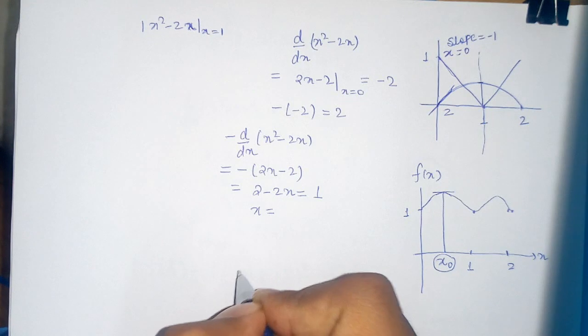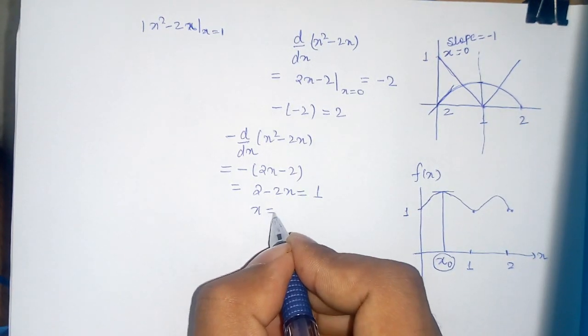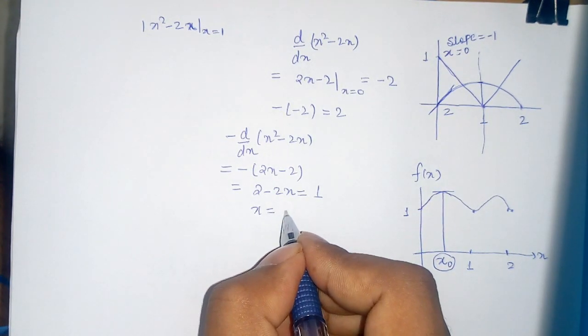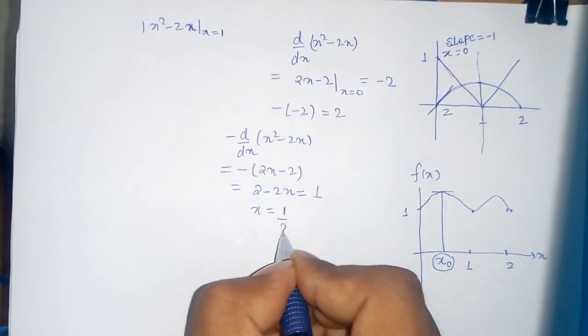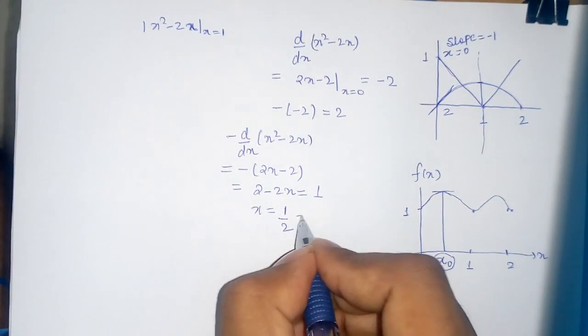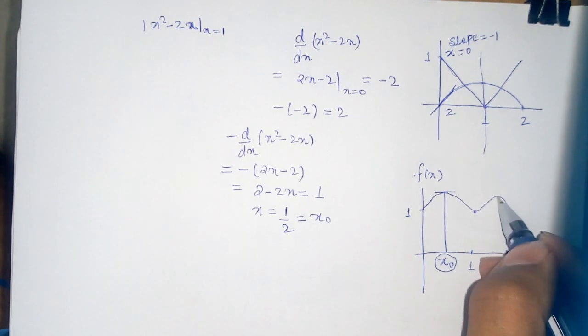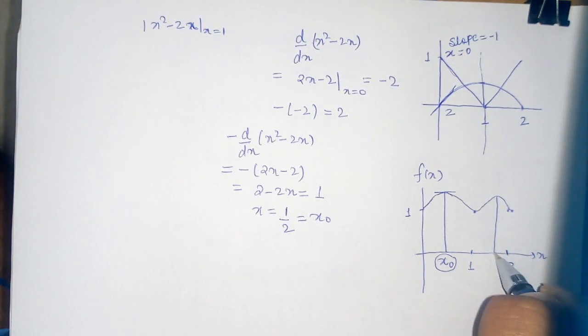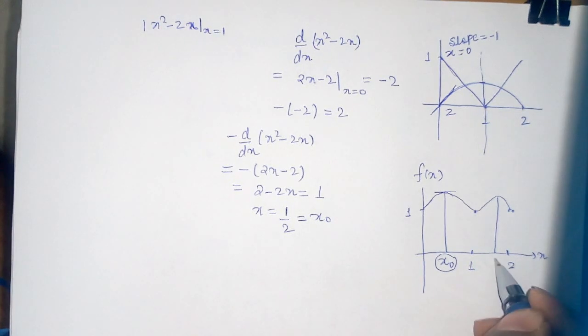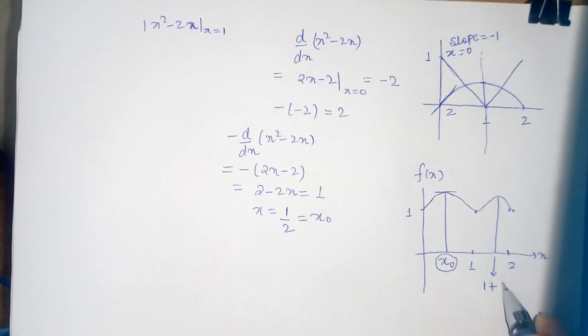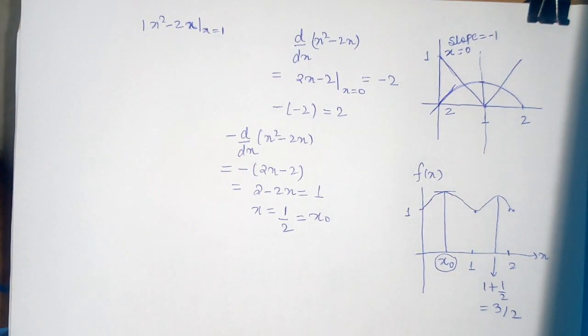So x equals, if you solve this, 1 over 2. This is our x0. Simply, since the function is symmetric, this part is 1 plus half, which is 3 over 2.